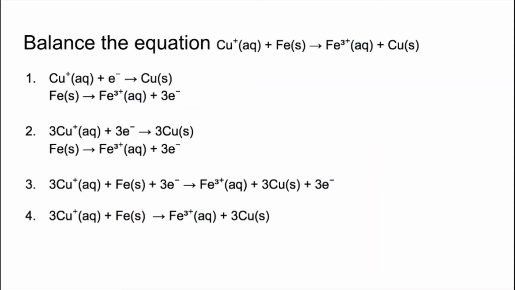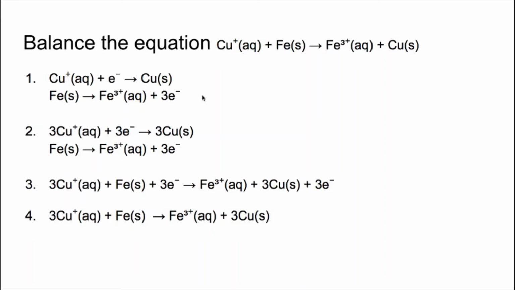Here's an example. When balancing the equation copper +1 and iron, and the other side is iron +3 and copper, you would separate the equation into its half reactions, where copper has been turned to +0 essentially, so you need to add an electron on the plus side.